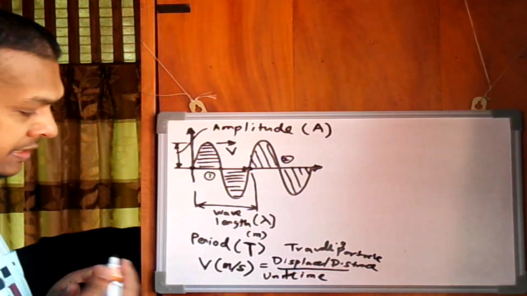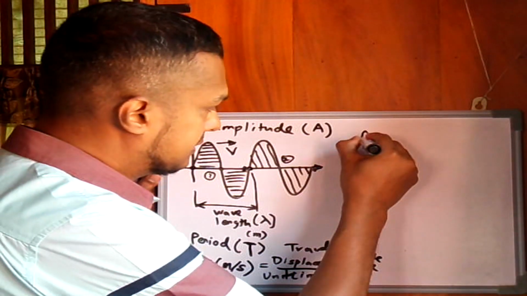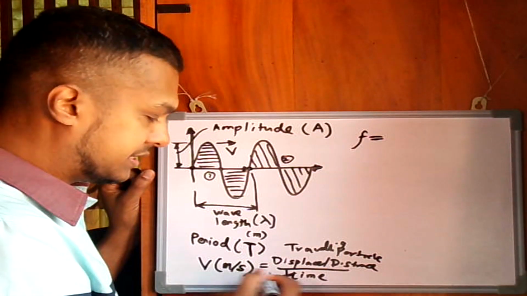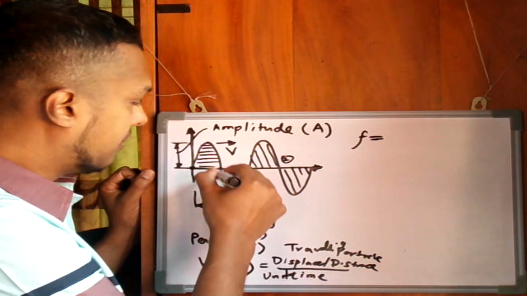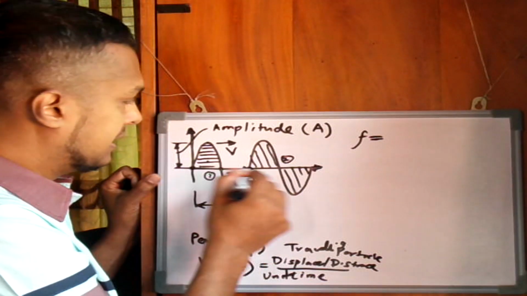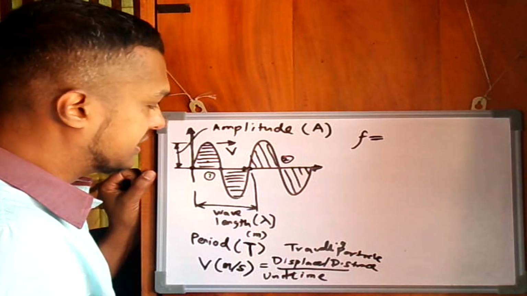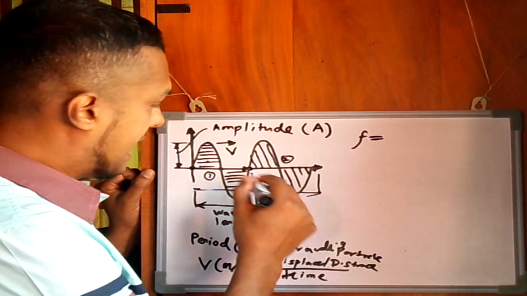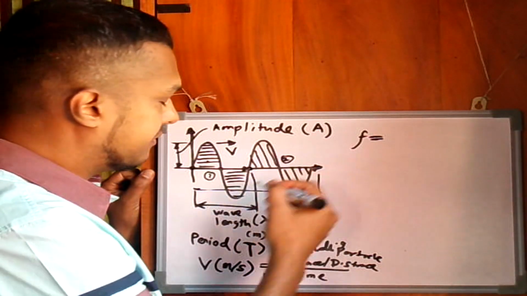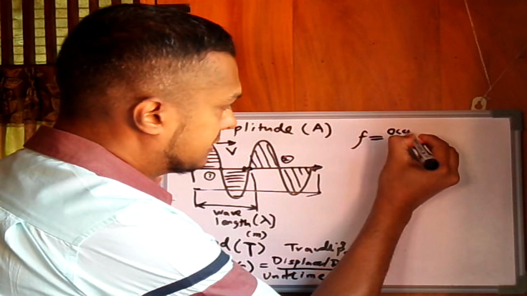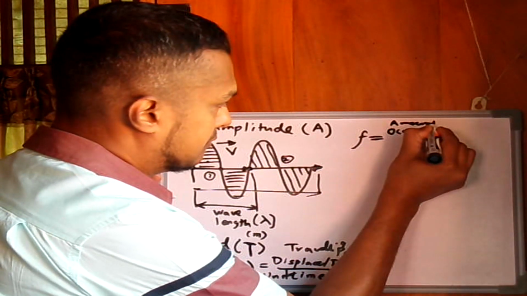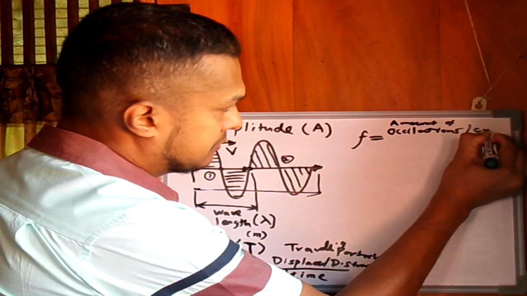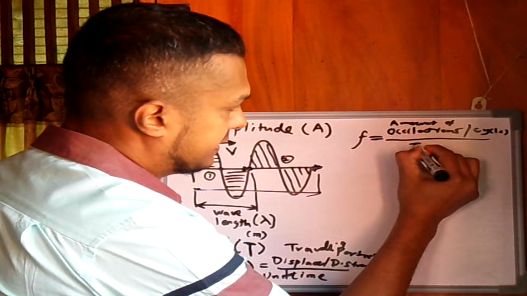The frequency, in other terms, so we don't confuse this, is also per unit time. So in this case, this is just one oscillation, and then this one is the second oscillation. We have the amount of oscillations, or cycles, per unit time.